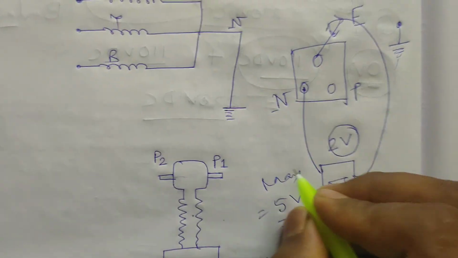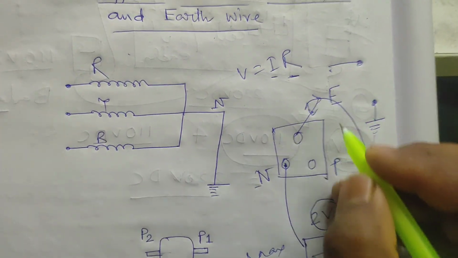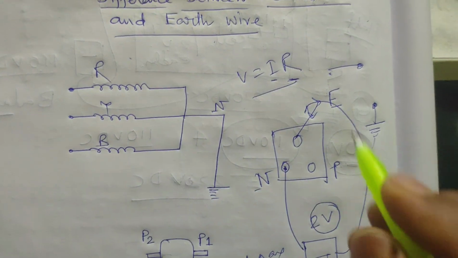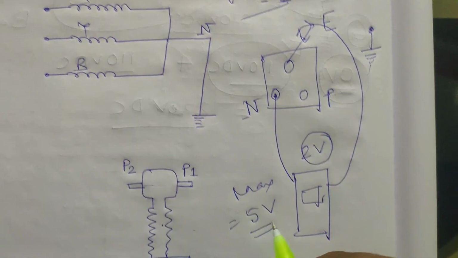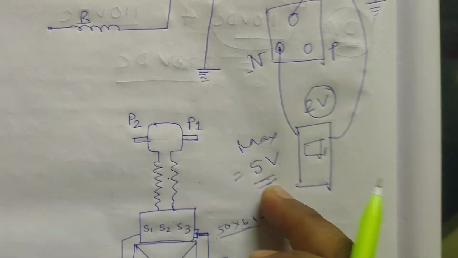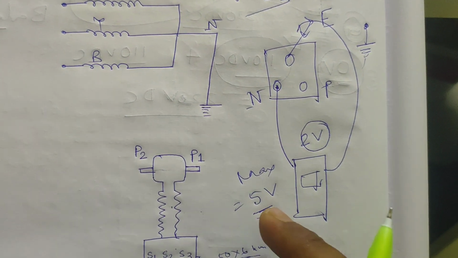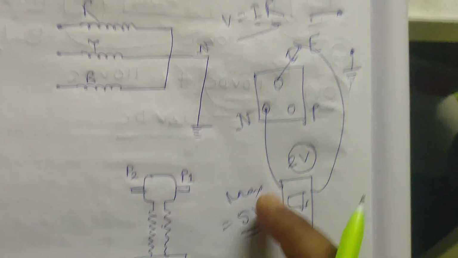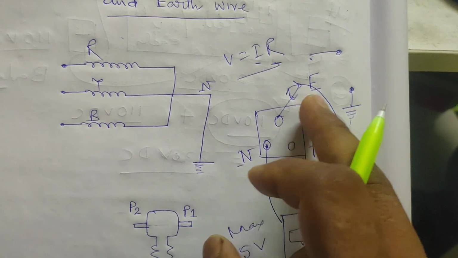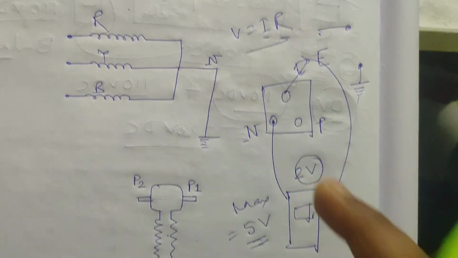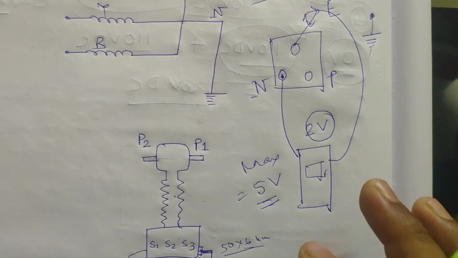So you will get 2 volt in your home, but the maximum voltage you get is 5 volt. Up to 5 volt it is permissible, and it indicates proper connectivity of the earth point, because you have properly earthed your system if you get a voltage of 2 volt or 5 volt.